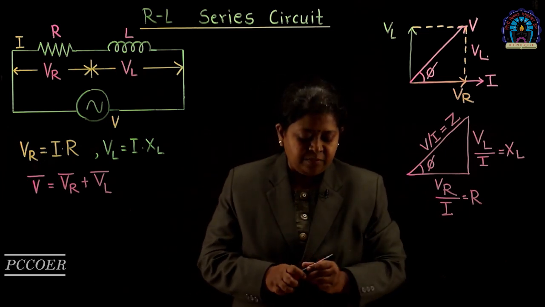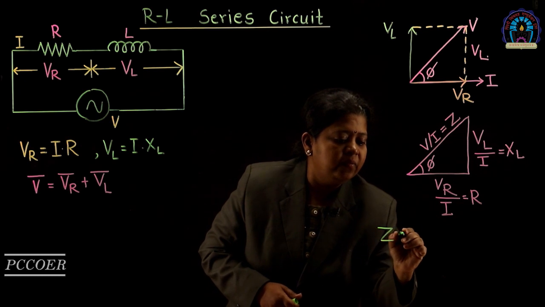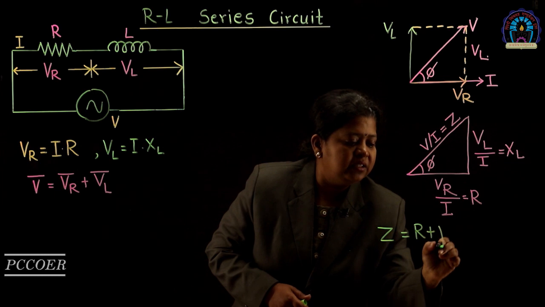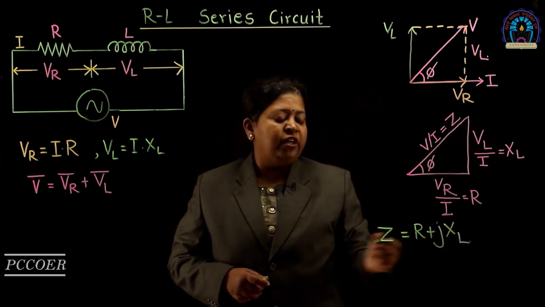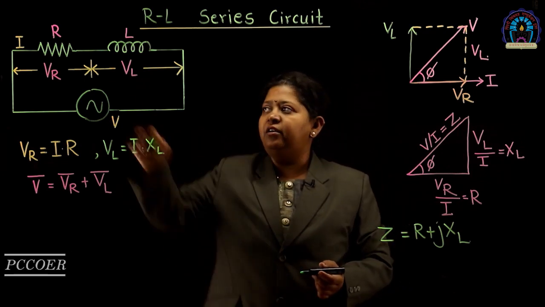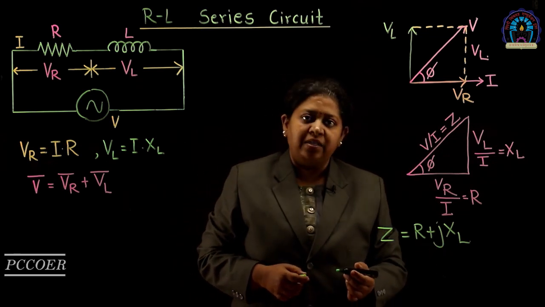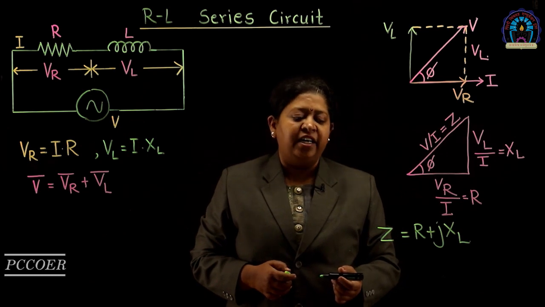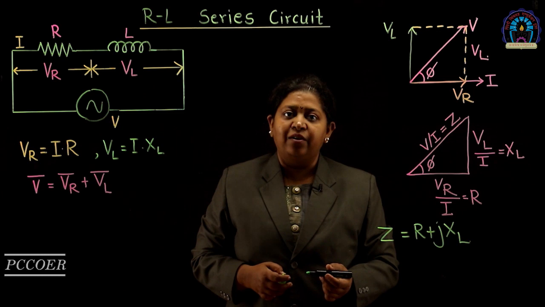This Z can be written as Z is equal to R plus jXL. This is a complex number, but we are not using I as the complex operator because we are using I to represent current. So, j is considered as the complex operator. This form of representation, Z is equal to R plus jXL, is called rectangular form.